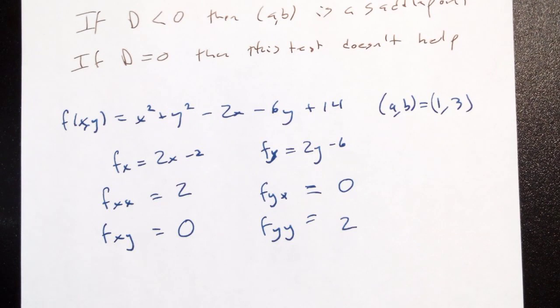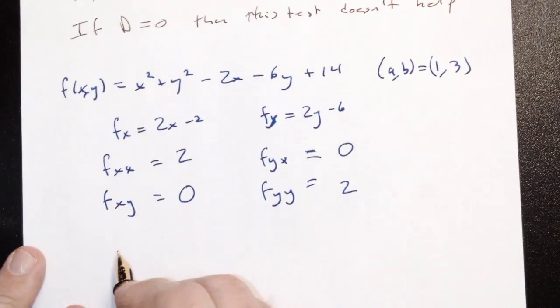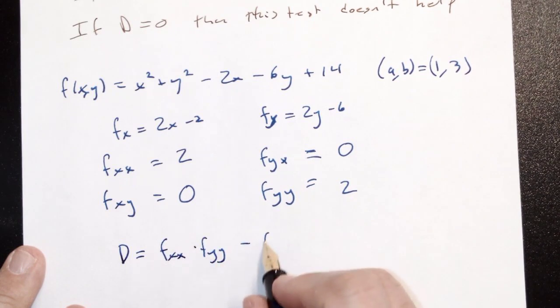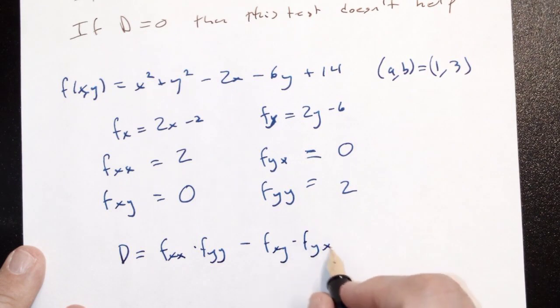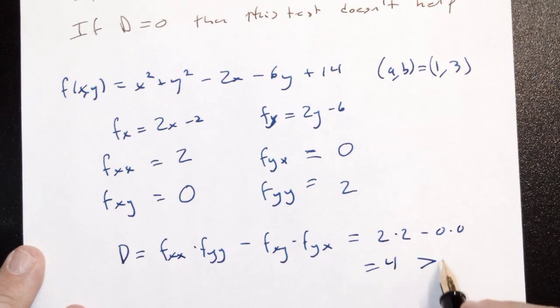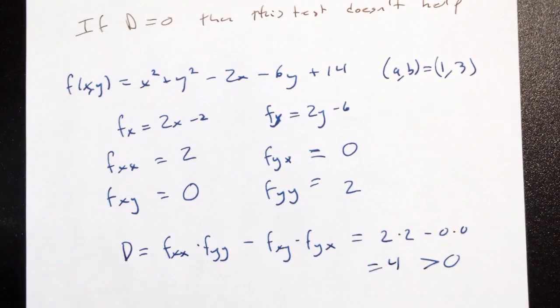So what's my discriminant? D here. If my second derivative test discriminant is positive, means I have an extreme. How do I know whether it's up or down?